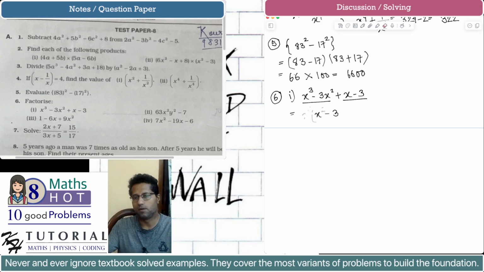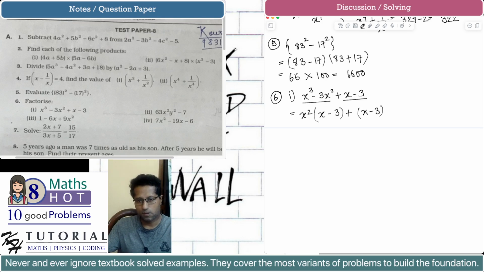So for the first group, the common factor will be x square, and if we factor out x square from the first two terms, that is from the first group, we get x square multiplied by x minus 3, and the second group stays as it is.